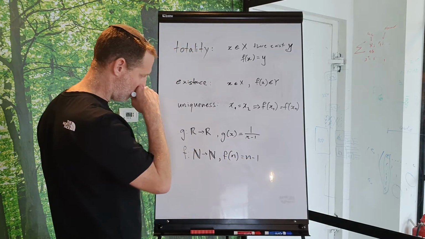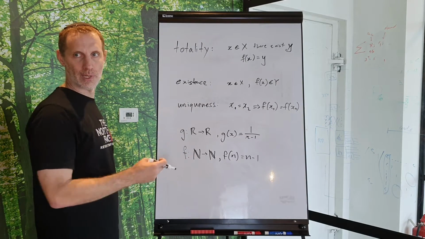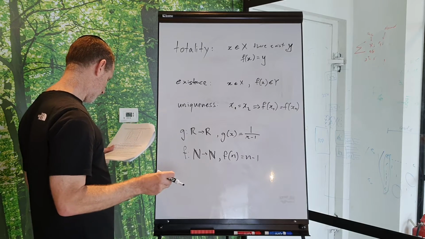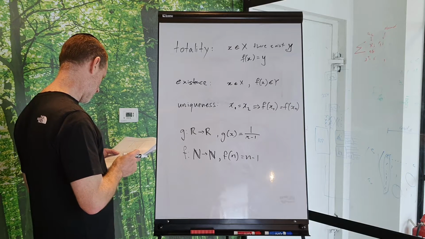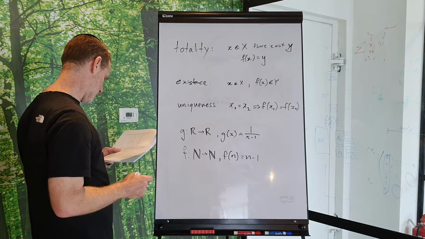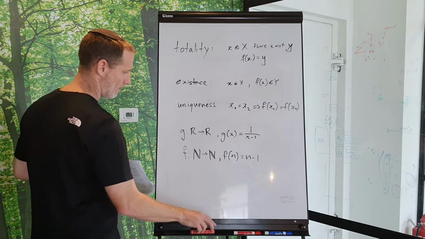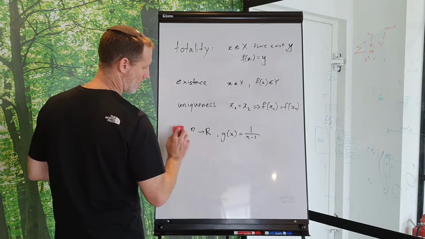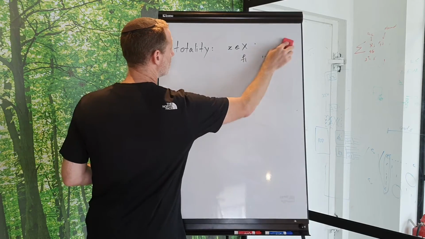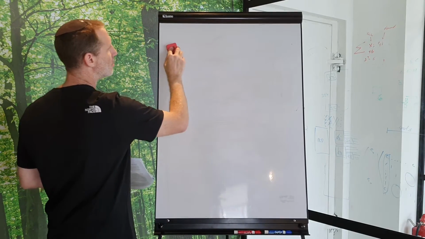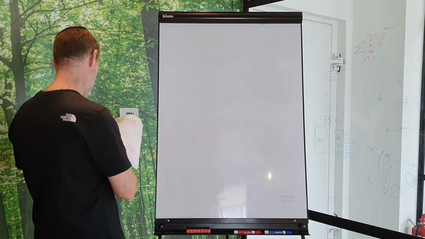N is a natural number, so it can't be 0, and again the assignment fails. Let's continue. But I think most of the time, the thing that interests us most is uniqueness.